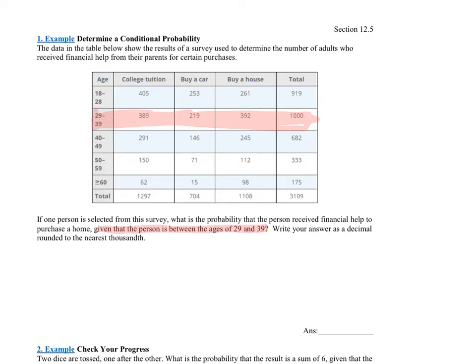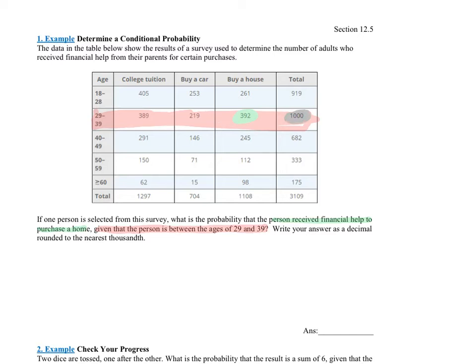Okay? Now what we want is that the person received financial help to purchase a home. So how many of those received financial help to purchase a home? It looks like 392 of the 29 to 39-year-olds received financial help to buy a house. And then we have to do the total, of course. The total now is not the 3109 from the entire chart.